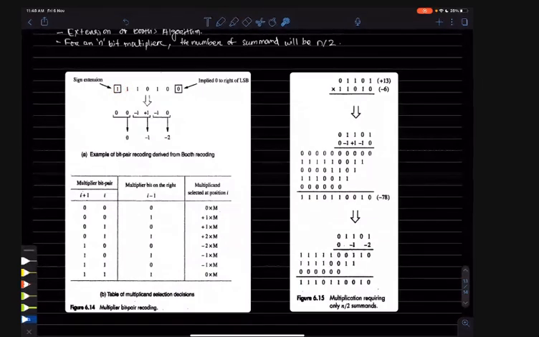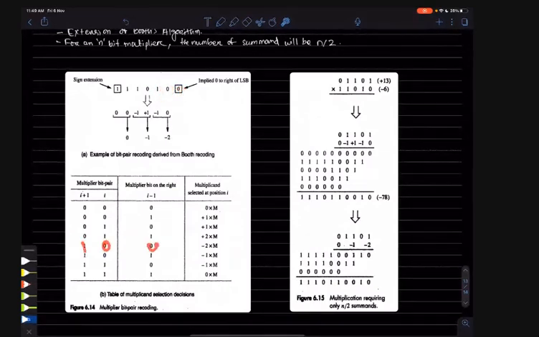Then we check the 3 bits i minus 1, i and i plus 1, and the output will be at the ith position. Where is the 1 0 0 combination?